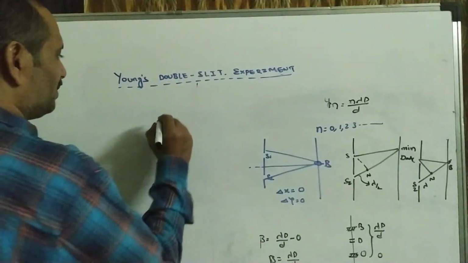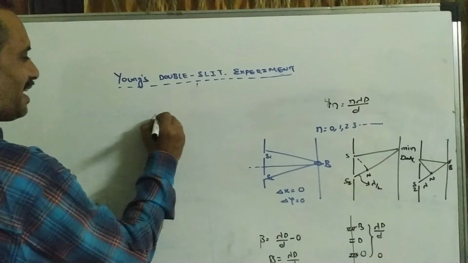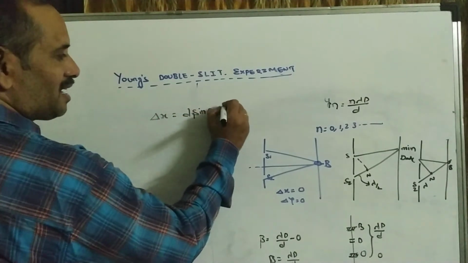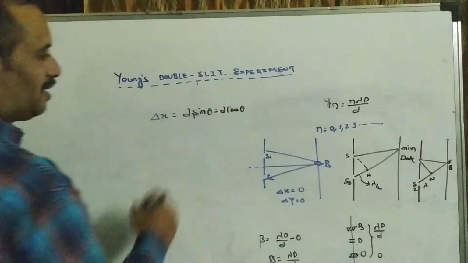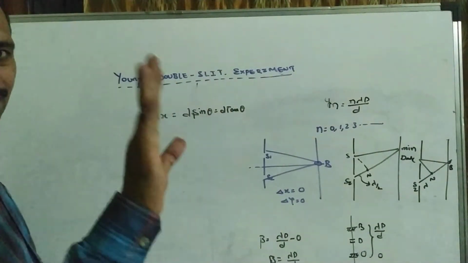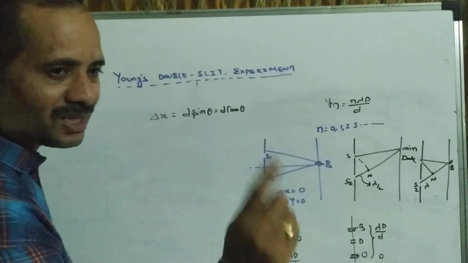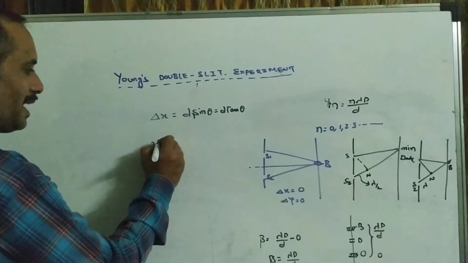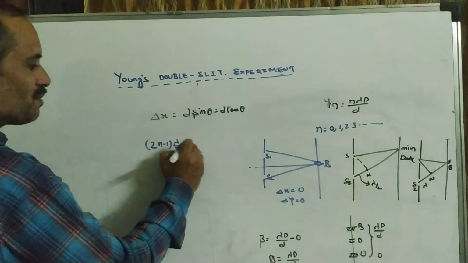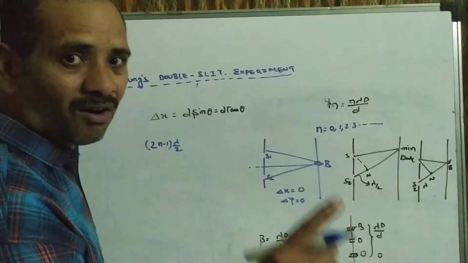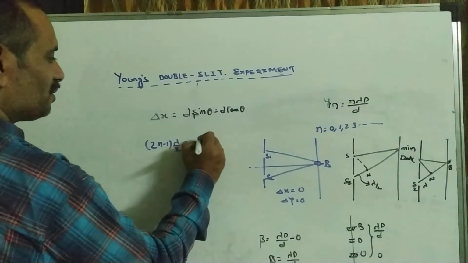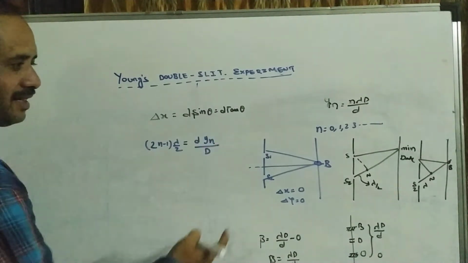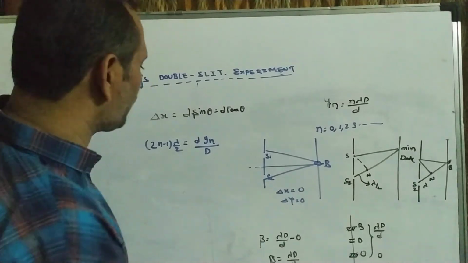Dark condition. Just now I calculated like this. Delta x equals d sin theta, that is equal to d tan theta. That is very important, sir. Path difference equals 2n minus 1 into lambda by 2, which gives the condition for dark or minimum. d into yn by capital D is tan theta, from the previous triangle.